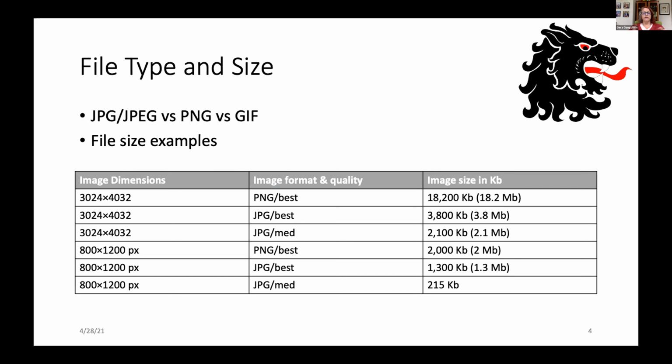A GIF file is optimized for illustration and flat saturated color images. An animated GIF file, which of course we've seen a lot of on the web, can take short video loops and represent those in a small animated file.